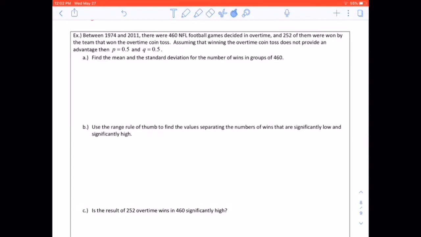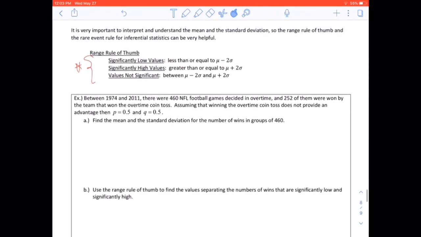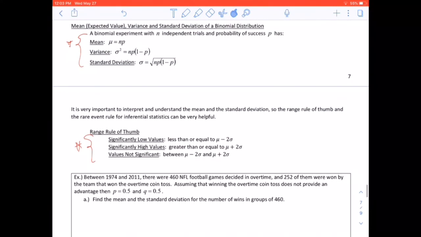Assuming that winning the overtime coin toss does not provide an advantage, then the probability of success of winning would be 0.5, and the probability of failure or losing would also be equal to 0.5. So part A says find the mean and the standard deviation for the number of wins in groups of the 460. So the formulas that we had were right up above on the previous page.